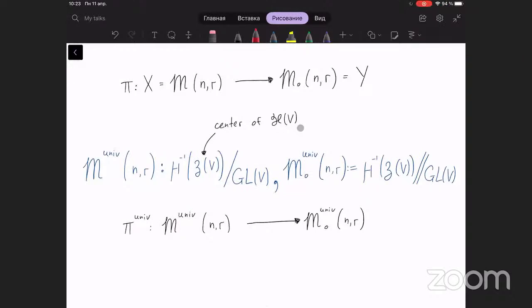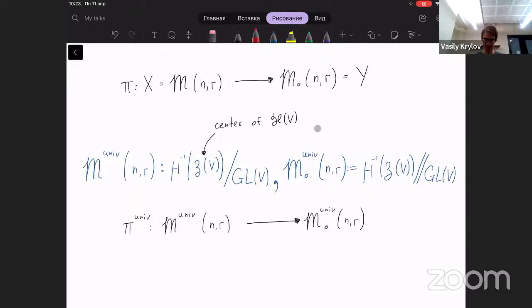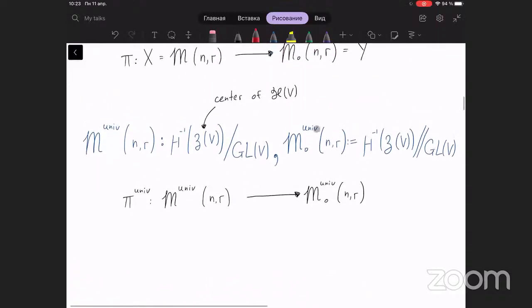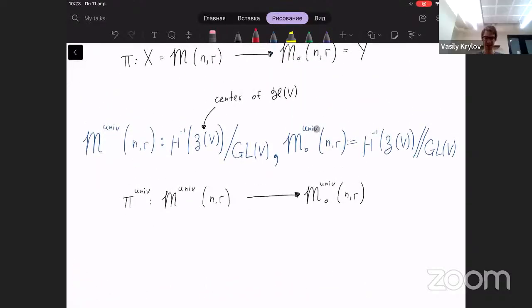These are just diagonal matrices, constant diagonal matrices. Yes, let me write it. So Z of V is just diagonal, constants times the identity.